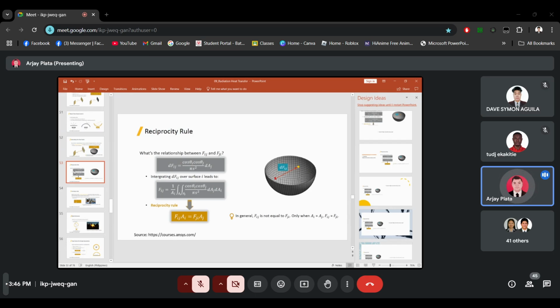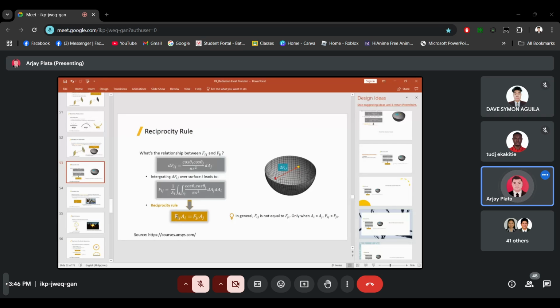And so this is the reciprocity rule. You can also see this equation in your module, on your hard copy of 1.5. Reciprocity rule means Fij times Ai equals Fji times Aj.